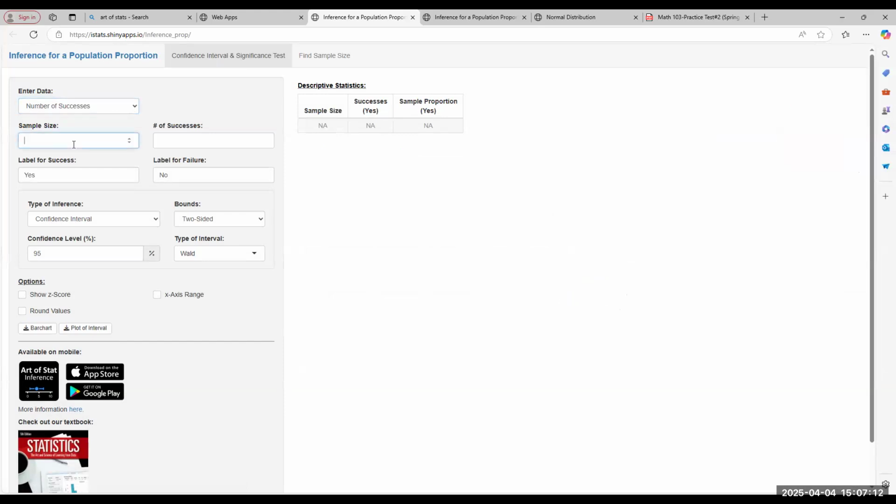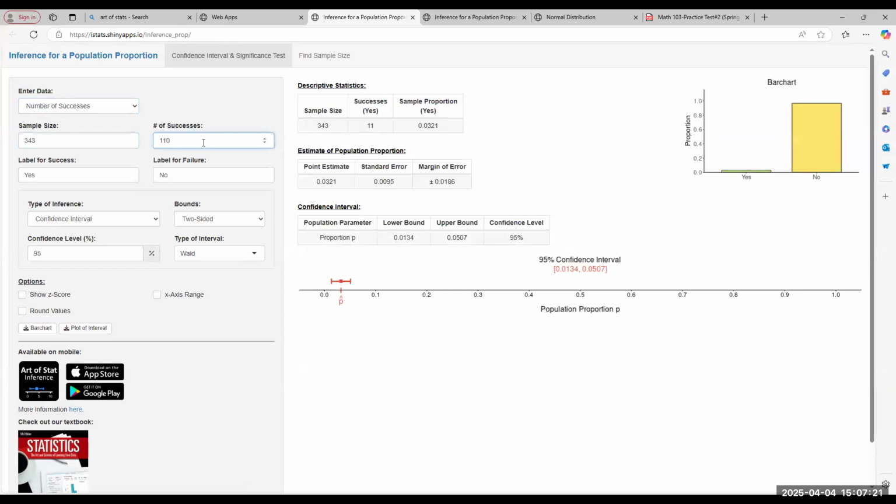Sample size 343. Number of successes, in this case, 110, the number of people who own a car. And the confidence level this time is 99%. There you are. So this is what we're going to get.